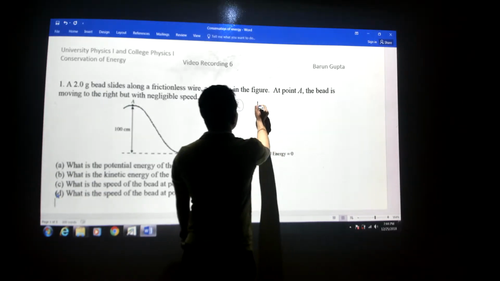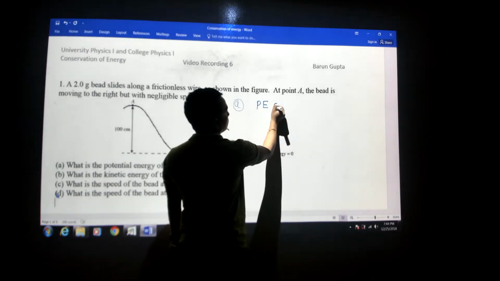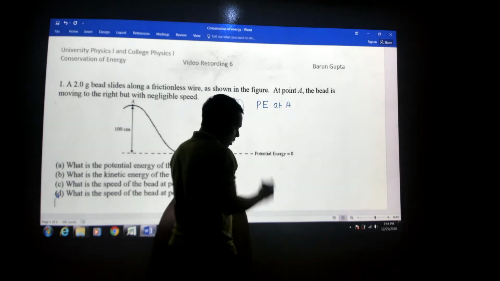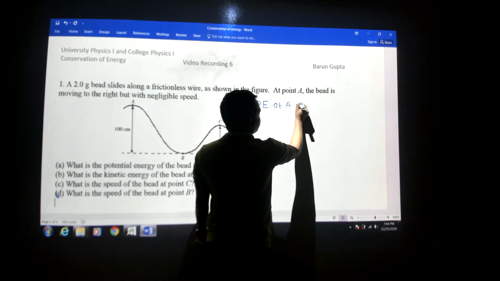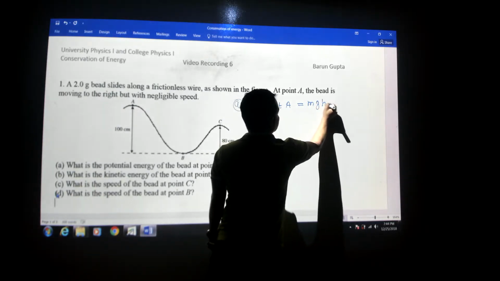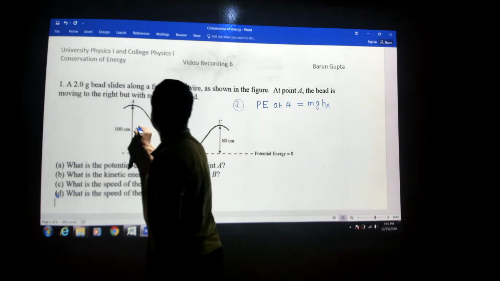So the potential energy, I'm just writing PE at point A, is equal to mass times gravity times the height, HA.